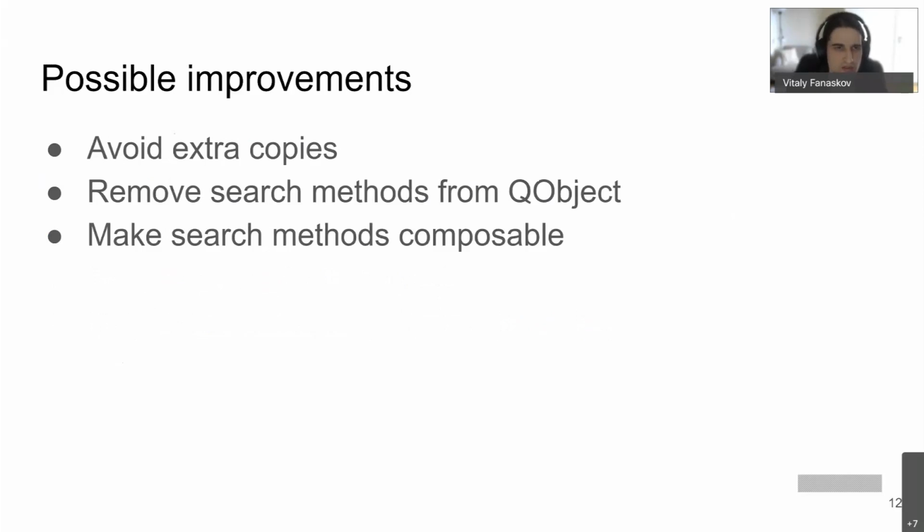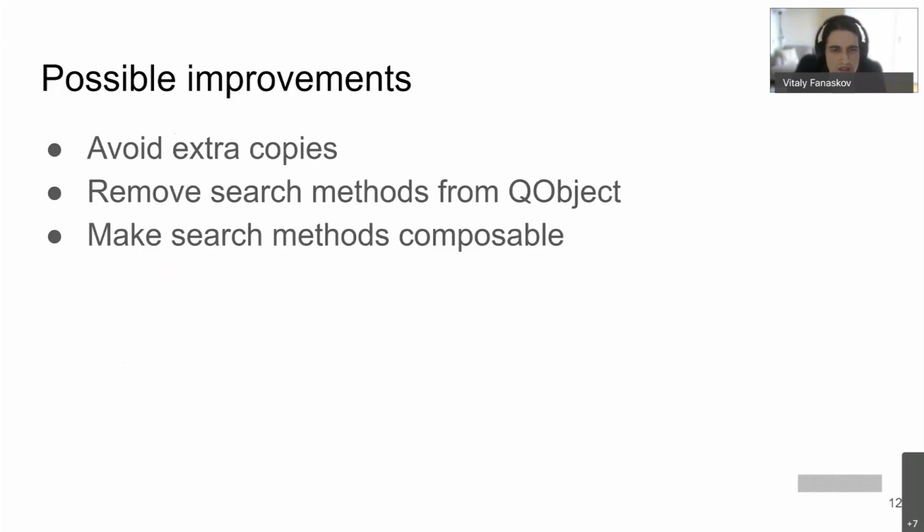And what can we do to slightly improve or avoid all of those disadvantages? First of all, we can avoid extra copies of pointers or extra allocations and reallocations. That's doable. The second thing, we can slightly clean up QObject's interface of the extra methods.